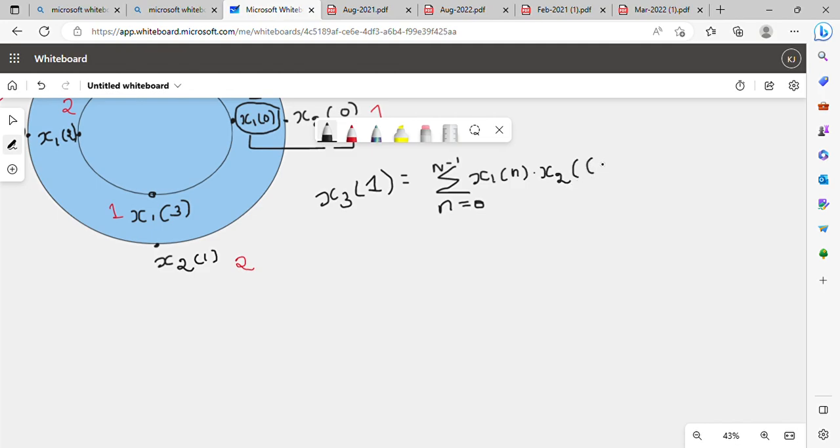So what is m? Your m is 1. So it is x2 of 1 minus n modulo 4. Right? 1 minus n modulo 4. So what is this now? This is something different.